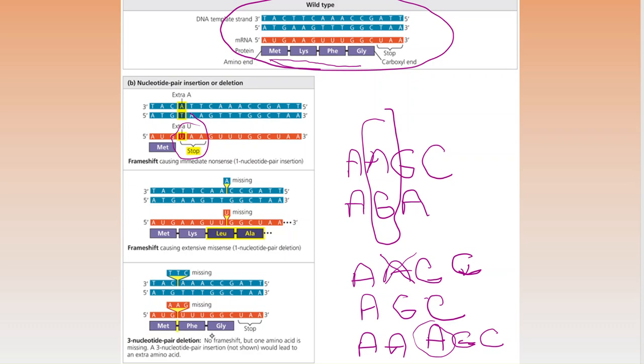So Met-Phe-Gly and then a stop. So instead of being 4 amino acids long, it is only 3 long, and it is a completely different protein that was made from it. So your frame shift mutations can be very damaging because they can create many changes to that polypeptide sequence. And this is the end of chapter 14 on genetic expression.